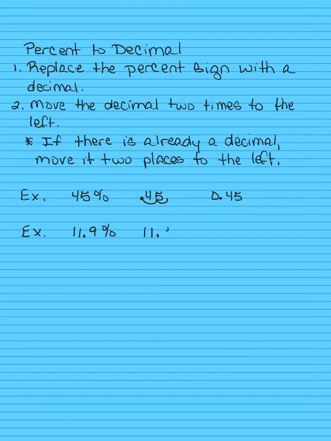If I have 11.9%, I'm going to drop my percent sign, but I already have a decimal. So I'm going to move the decimal that I already have 2 places to the left. So 11.9% written as a decimal is 119 thousandths.